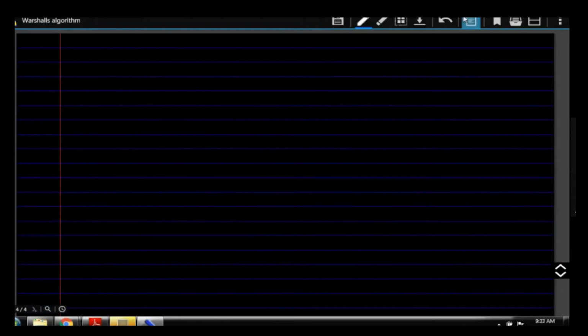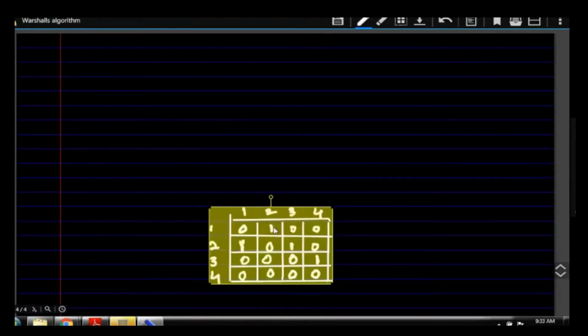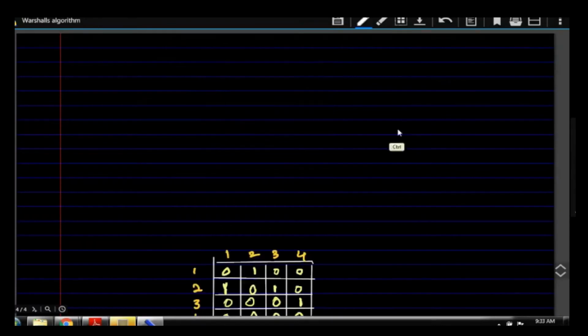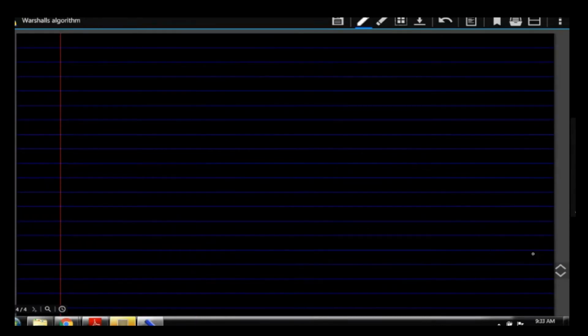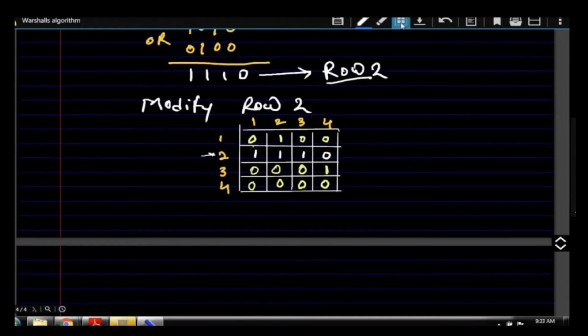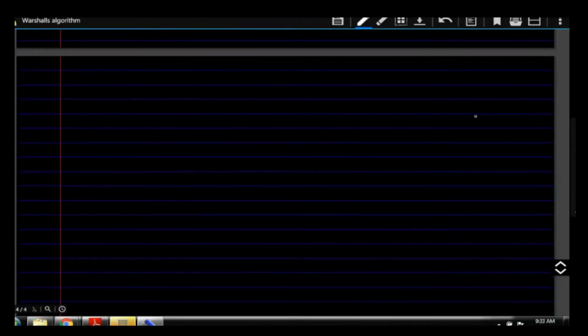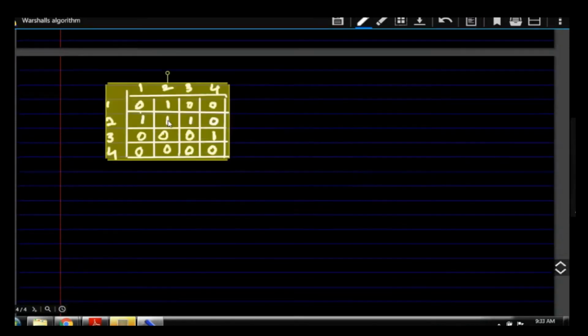Now let us start with the second iteration. Let me copy the modified matrix again. So this is the modified matrix now.